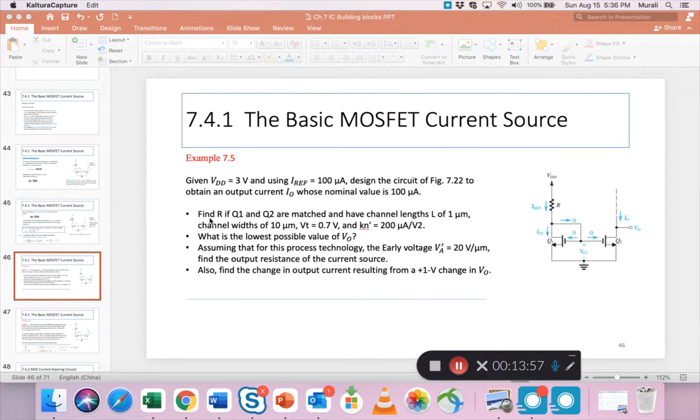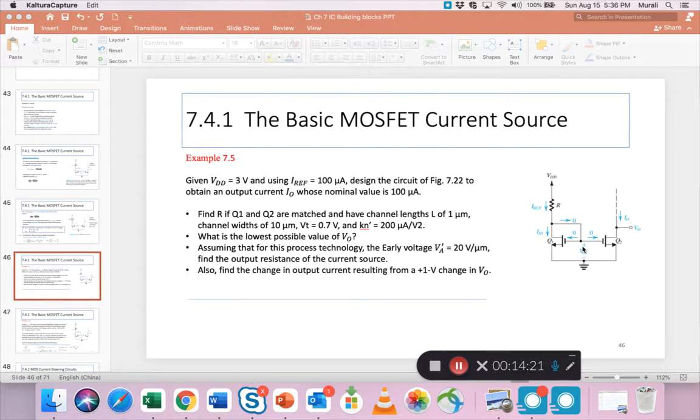For example, very first thing, R we need to find, right? I told you R can easily be found as the voltage divided by the current, Ohm's law. What voltage is being applied across R? It's VDD minus this VGS. To find VGS, the formula is you add VOV and VT, right?